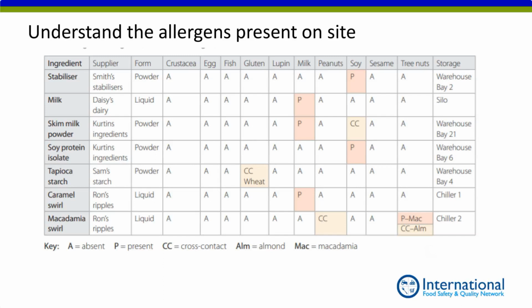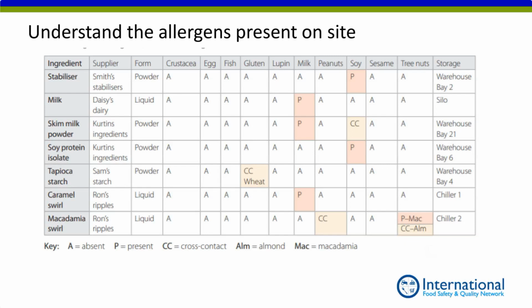And this is just one way to show you how you can understand the allergens present on site. For example, you see here above are defined allergens like egg, fish, gluten, milk, peanuts, etc. And on the left, you have some ingredients. Then you have to think about which ingredients have which kind of allergens.